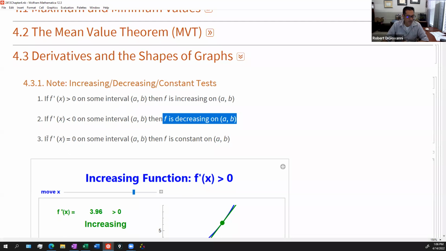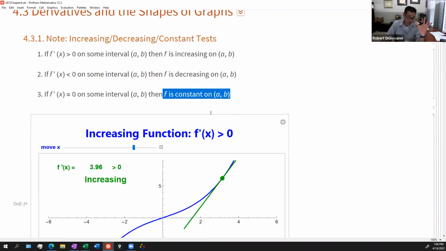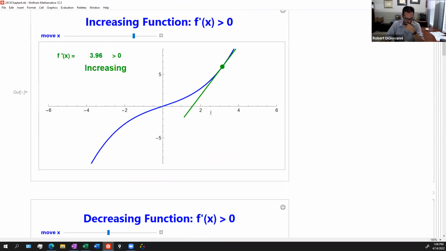And if the derivative is 0 on some interval, then our function must be constant, must be flat. Does that seem reasonable to you to make that connection now between the slope of the tangent line and the increasing and decreasing of a graph? It's not a big stretch, and the geometry of it makes sense. So that's the first idea here.